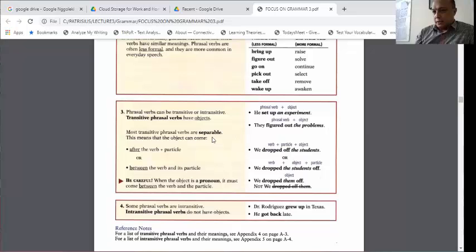The next one is that some phrasal verbs, especially the transitive phrasal verbs, are separable. Separable means that you can separate the verb from its particle. So for example, we drop off the students. Here the phrasal verb is drop off. Or we drop the students off.